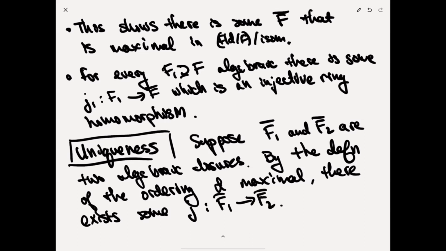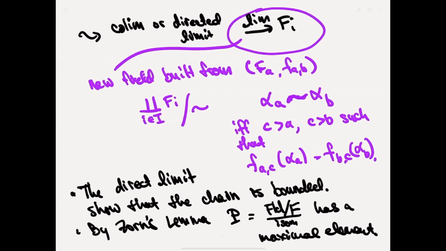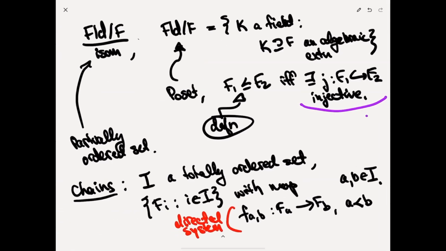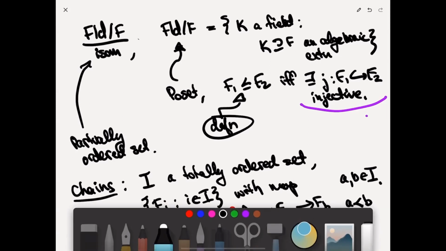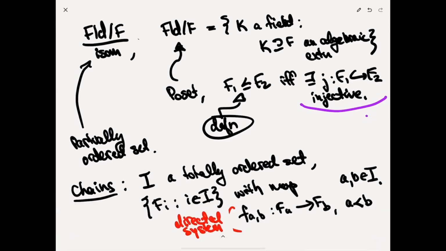Maybe I should also say something else about these J's. Now I'm going to use another fact that I should have said before: this map J, when you restrict it to F, so F is contained in this field and it's contained in this field, this J from F to F needs to be the identity.